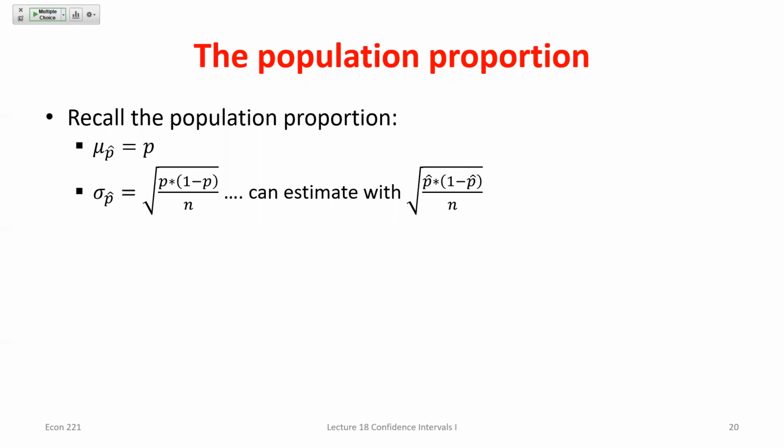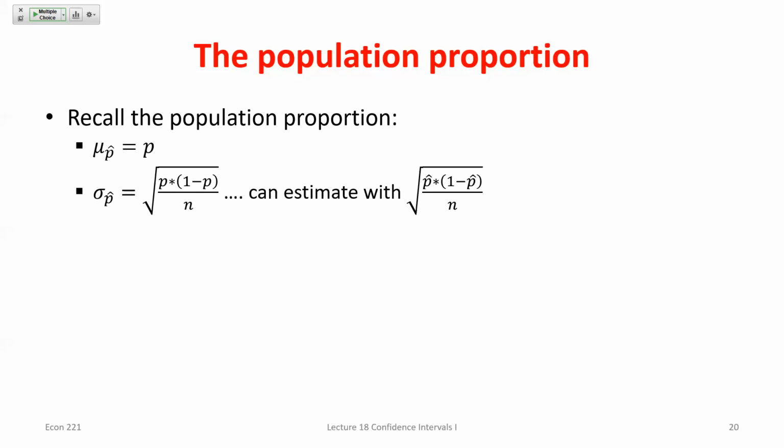I can still use that standard normal distribution to give me alpha over 2 on either side of my confidence interval. Well, this tells me the number of standard deviations the way I want to go, but I don't multiply by the standard deviation of my sample mean. I now multiply by the standard deviation of my sample proportions.